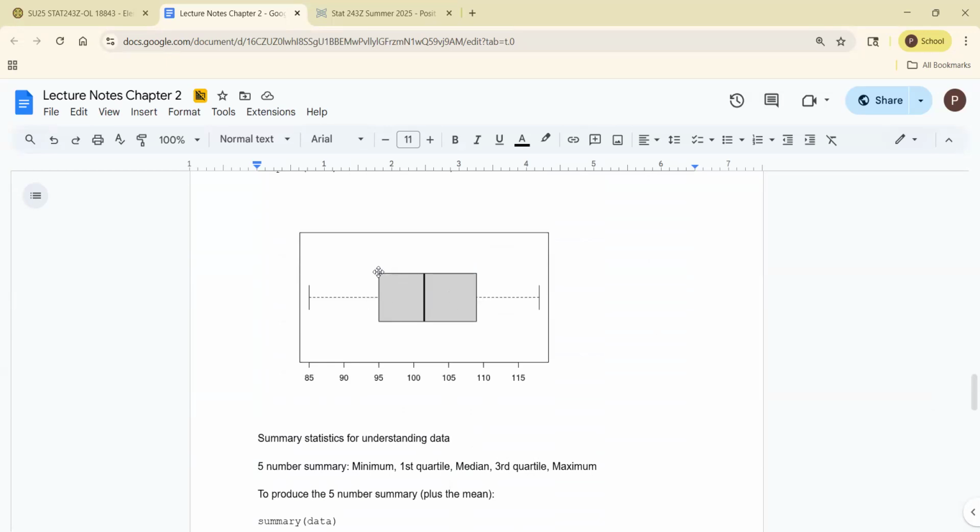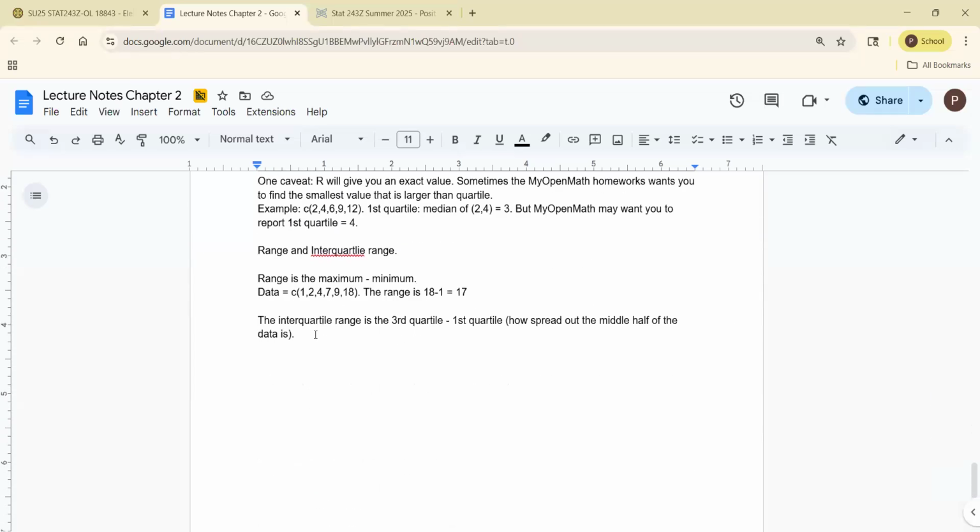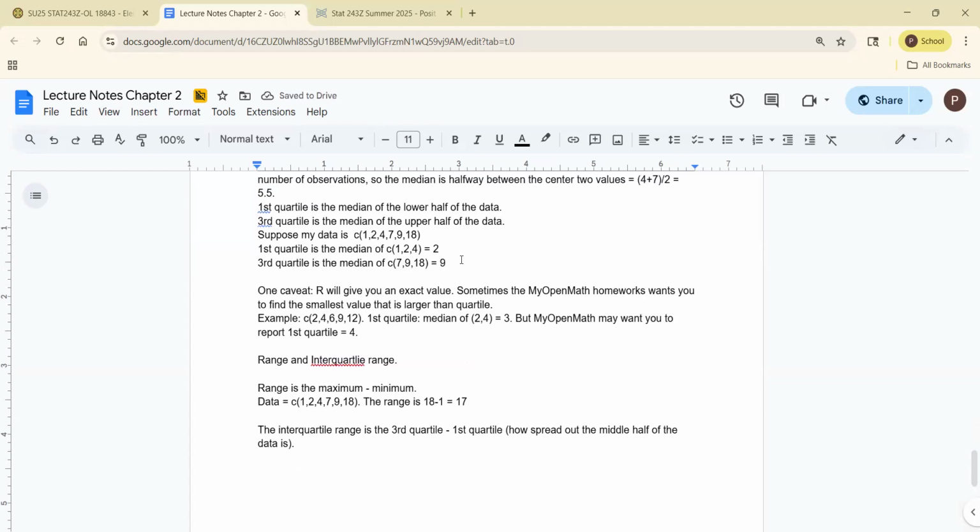The interquartile range is the length of this box. So in our example, we found that the first quartile was 2 and the third quartile is 9, so the interquartile range is 9 minus 2, which is 7.